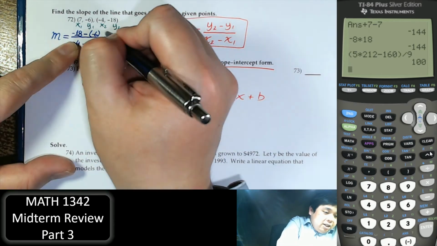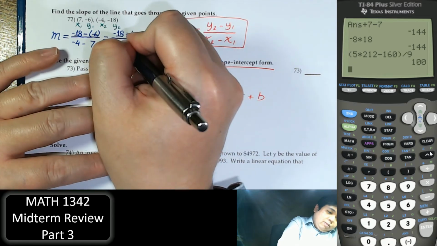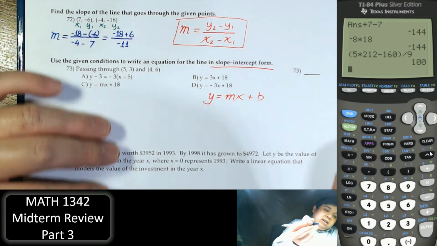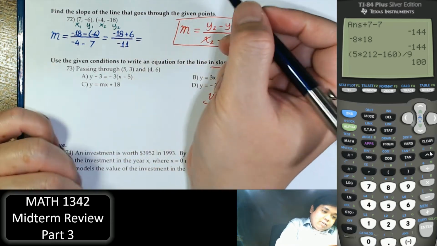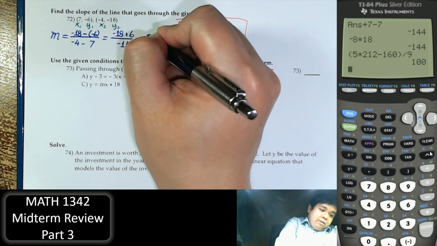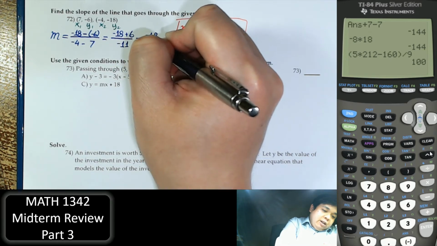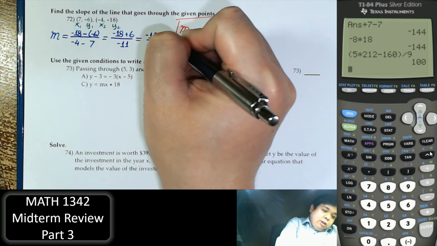So negative 18 plus 6 minus 11. So I have negative 12 over negative 11, or just 12 over 11.